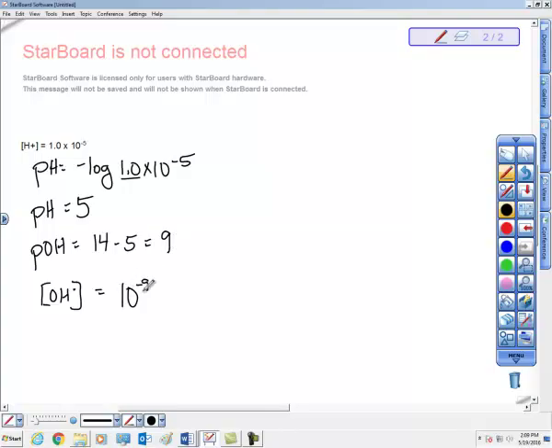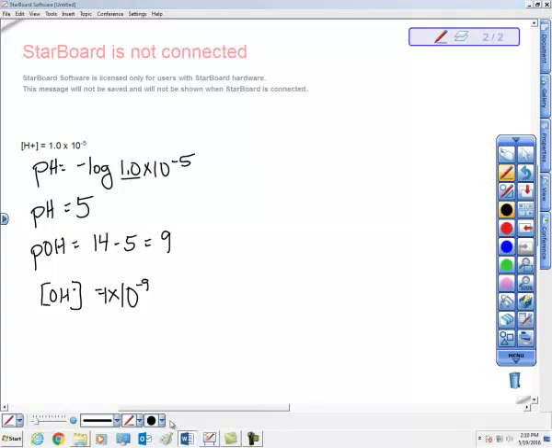So actually that could be your answer, just 10 to the -9. That's the concentration of your OH ion. As long as this value is not a decimal, you can do that. But what if it said 9.5? Are you allowed to say 10 to the -9.5? No. That's something you would have to punch in on your calculator. So since it's just -9, you can report that as your answer, because this means this. And then you're set.